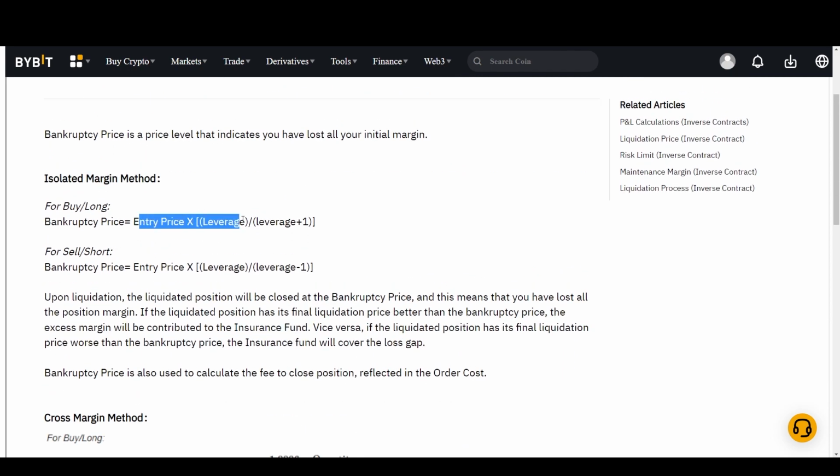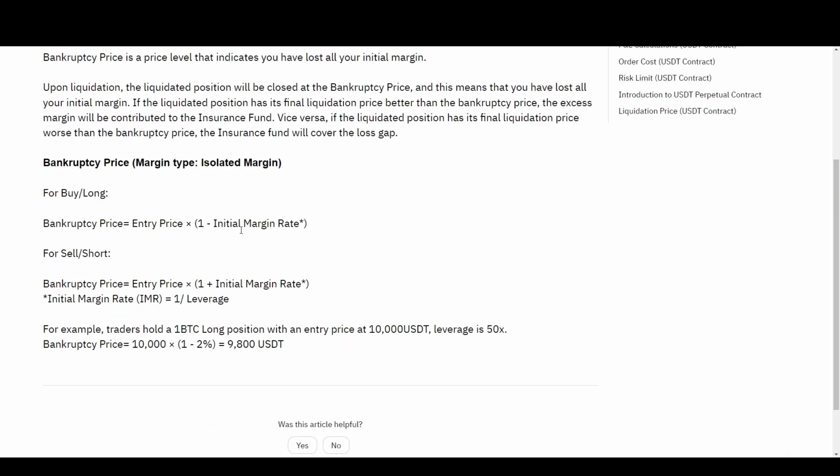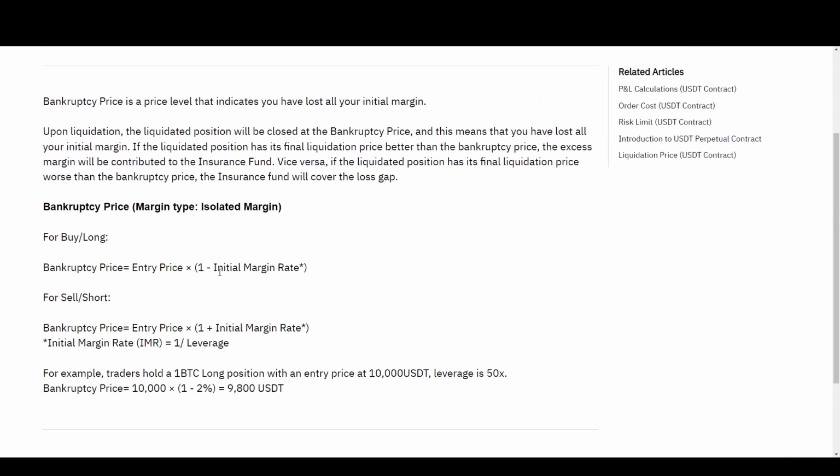So this right here has nothing to do with whether you are in a position that has the position sizing of BTC or USDT. That has nothing to do with this.